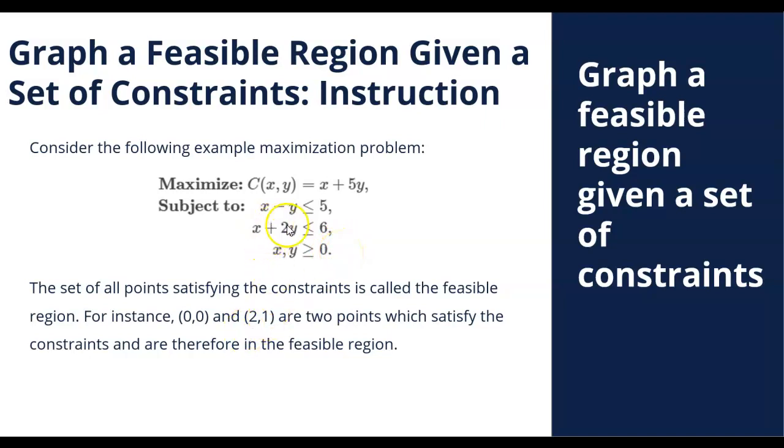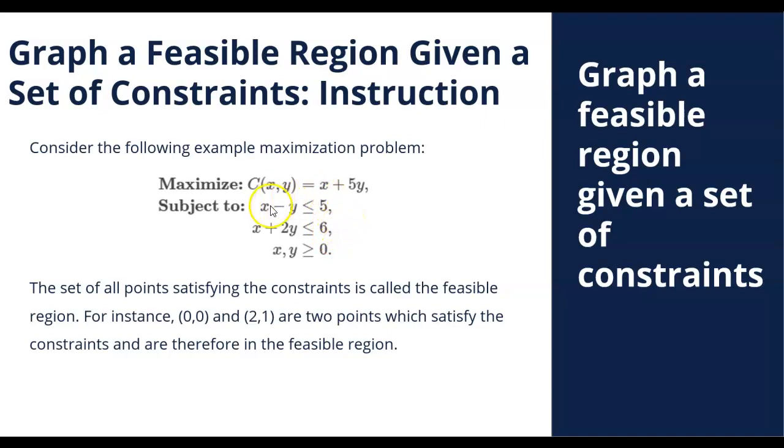Then you just have to plug it into this inequality here. Let's say, for instance, x is 2 and y is 1. So you have 2 plus 2 times 1, which is 2 plus 2, which is 4. Is 4 less than 6? Yes. So that is satisfied in this inequality.